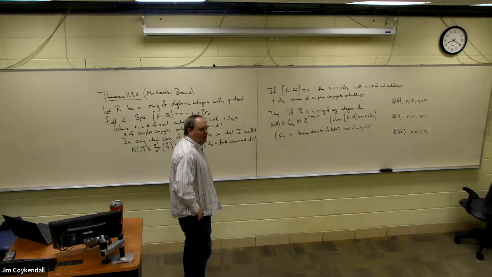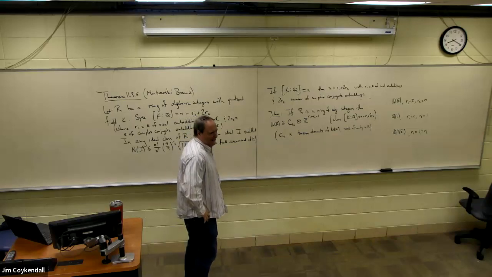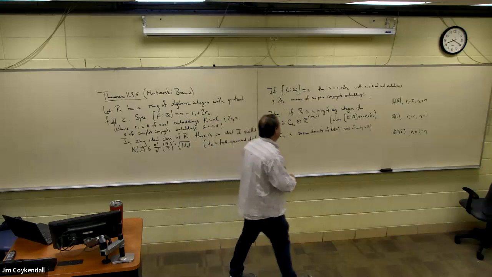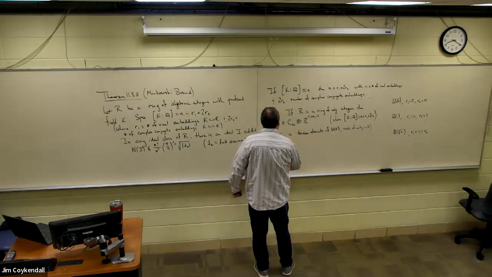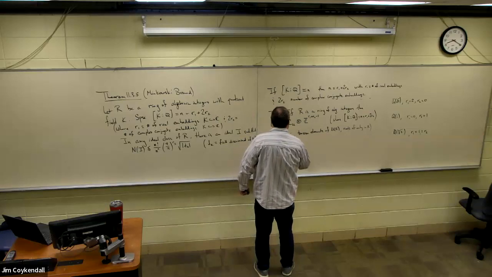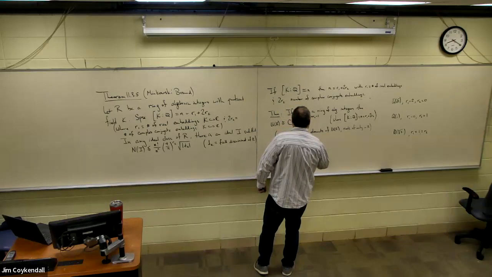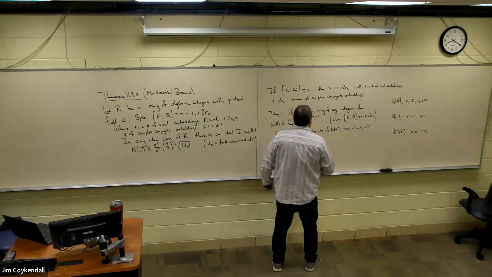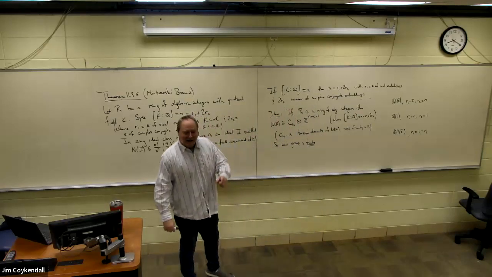So here's a question for you. What describes the rings of algebraic integers where the unit group is finite? Okay, there's one.